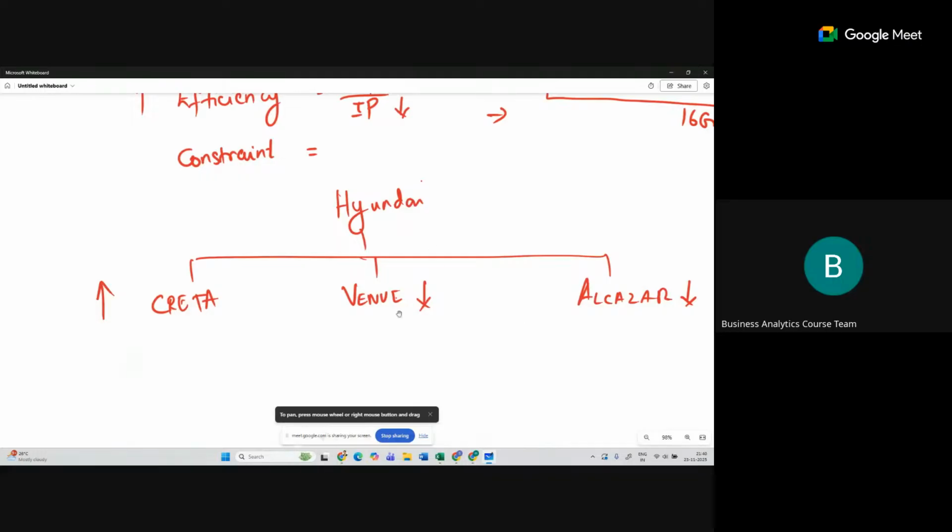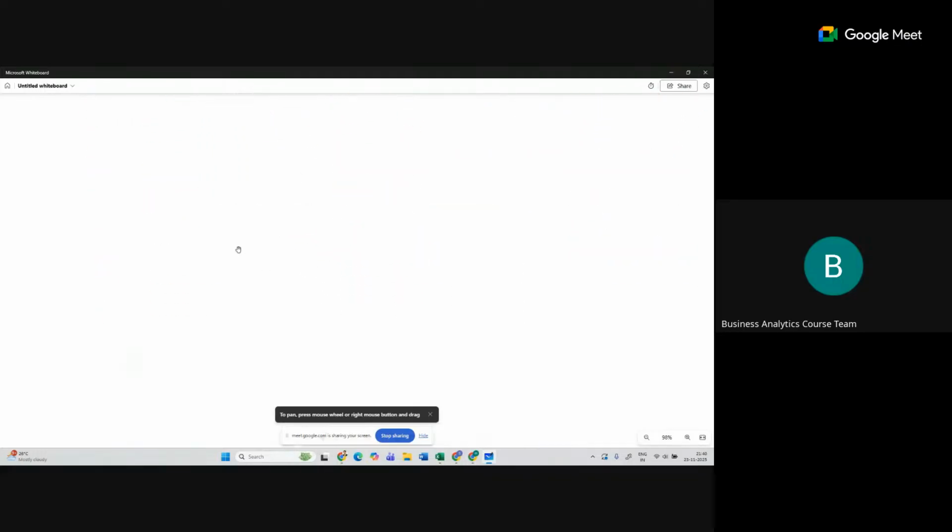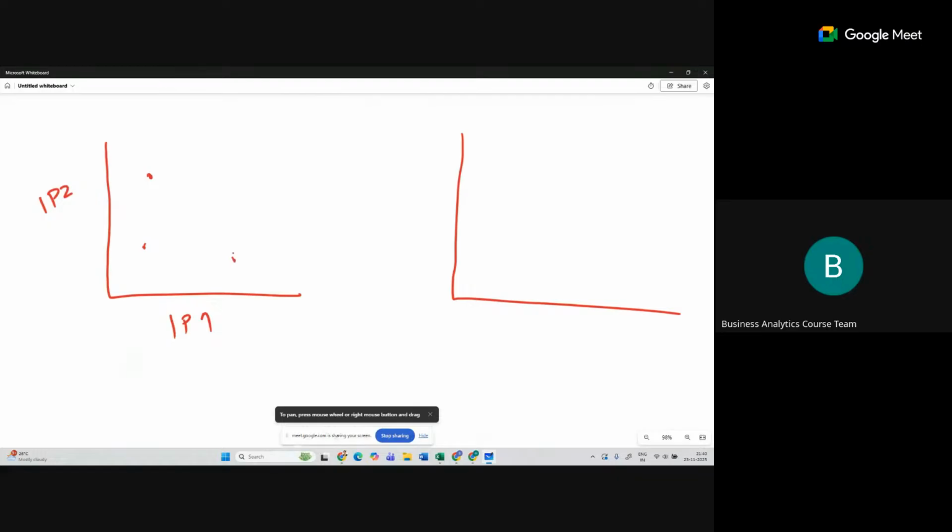I mentioned 2 things: one is reducing the input or increasing the output. Let's say this is input 1, input 2. Let's call these 1, 2, 3, 4, and 5.